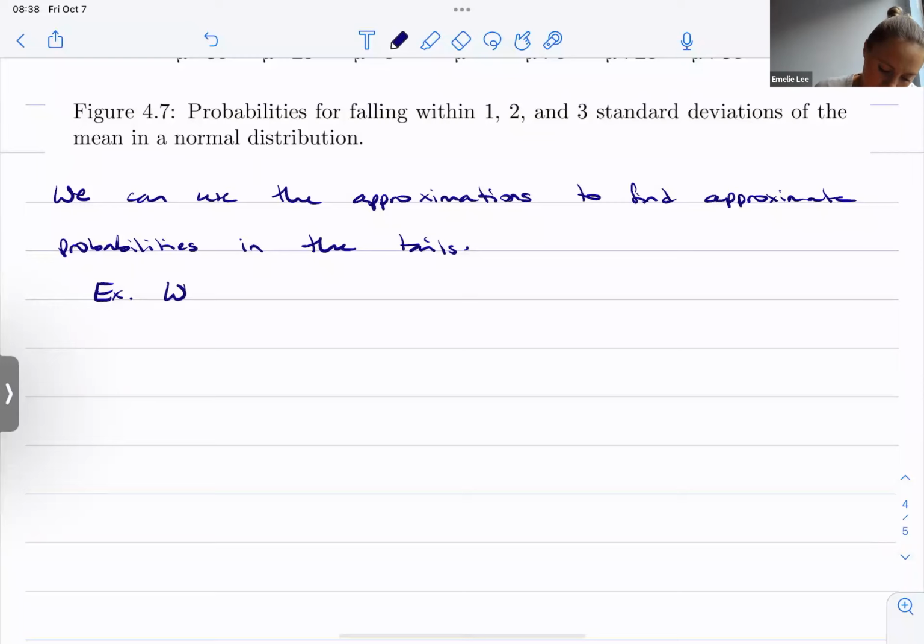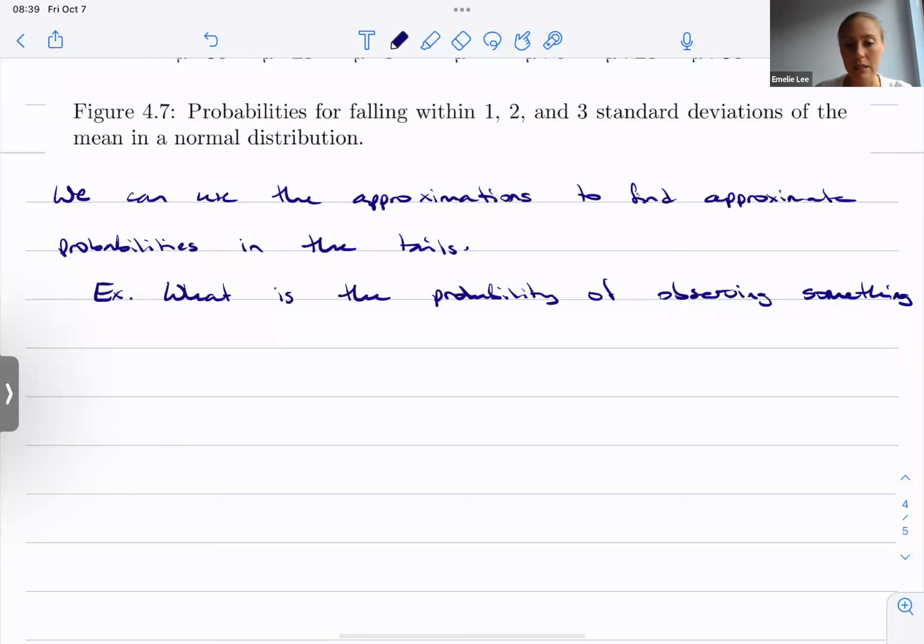Or maybe I'll rephrase it. What is the probability of observing something more than 1 standard deviation below the mean? More, or that's kind of confusing.